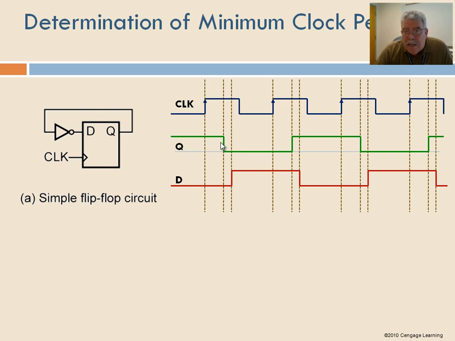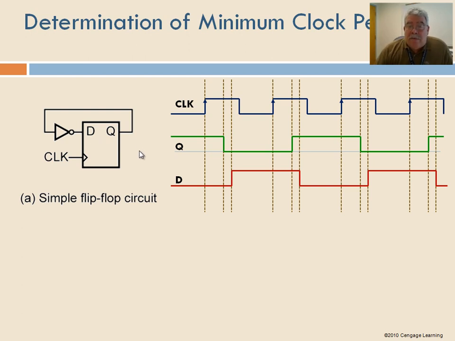It demands a 1, and this is a propagation time from the flip-flop. From the time the clock changes from low to high, it senses a 0 here, and then will proceed to change the output at this moment. This is the propagation time, or internal time, of the flip-flop, right?